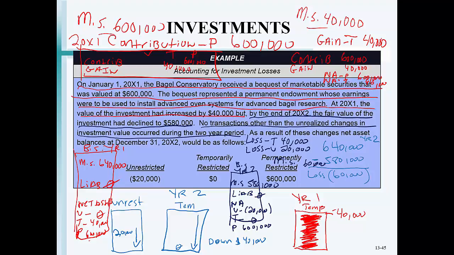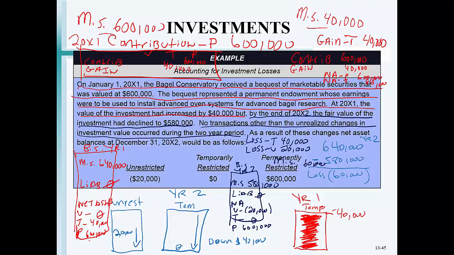And they say here that on January 1st, 20X1, the Bagel Conservatory received a bequest of marketable securities that was valued at $600,000, okay? So what happens?